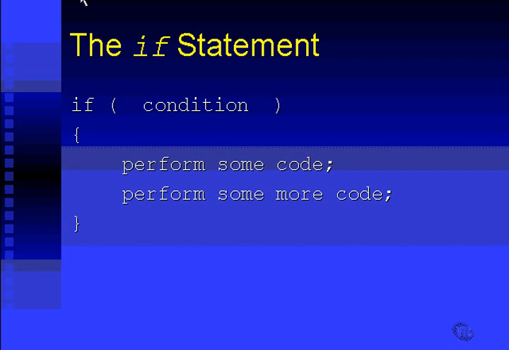Now, I want to focus on that condition. Conditions are quite special. Conditions are expressions that, as you'll see in a moment, must be true or false. Let's think of the term, the name length is greater than 50 characters. That is a statement that is either true or false. The statement cannot be true and false. It is one or the other.